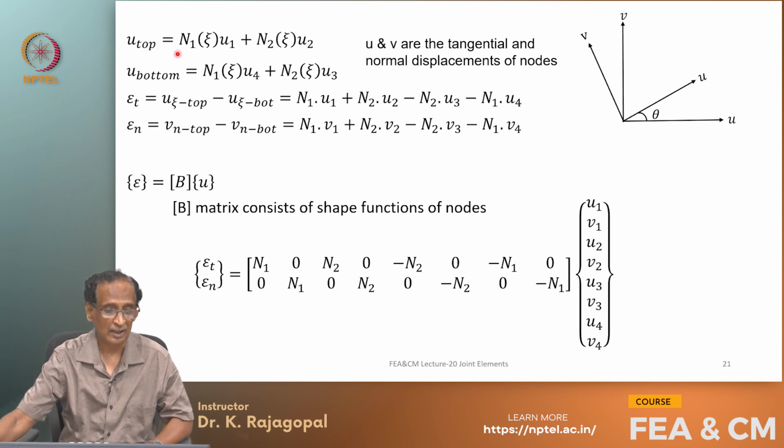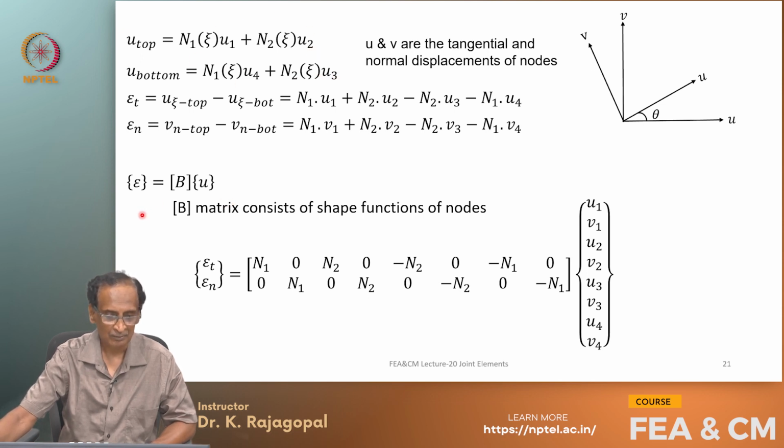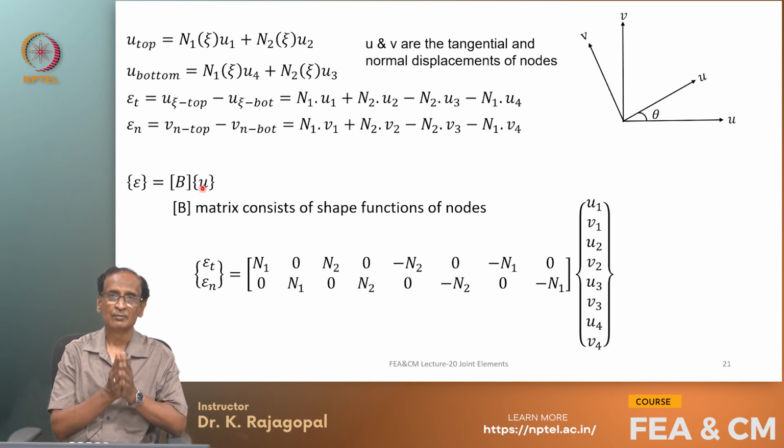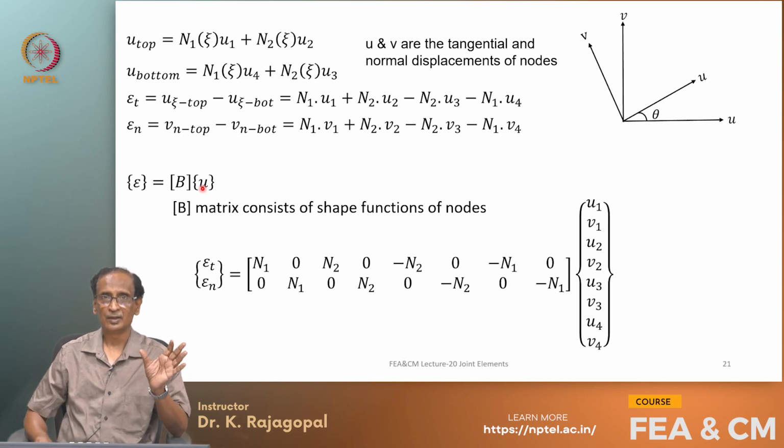And the tangential displacement at the top node is N1 u1 plus N2 u2, or N1 u4 plus N2 u3. This is when we have 4 nodes, and our epsilon is B u, the finite element convention that we had seen earlier with continuum elements. The strain is B times u, where B is the strain displacement matrix.